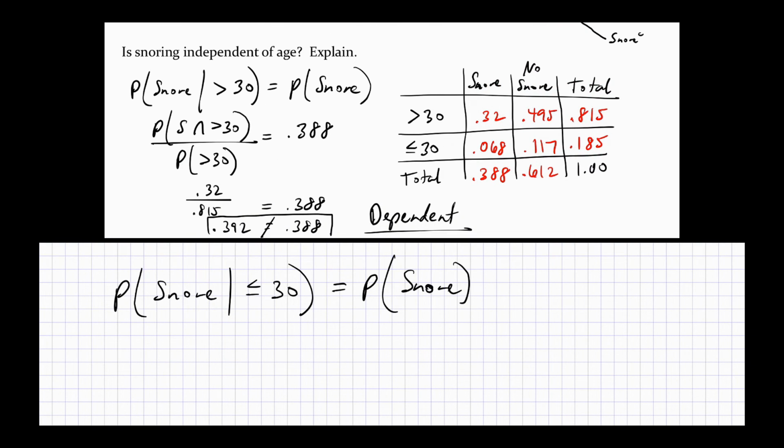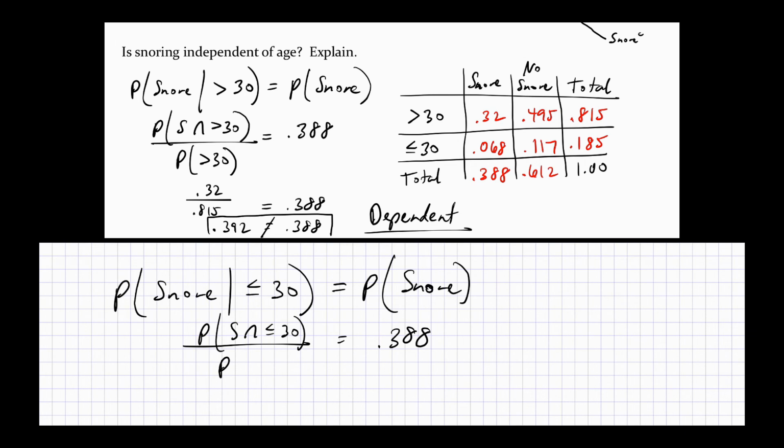So less than 30. So probability of a snore is still 0.388. And then this one over here, the probability of both snoring and less than 30, 0.068.